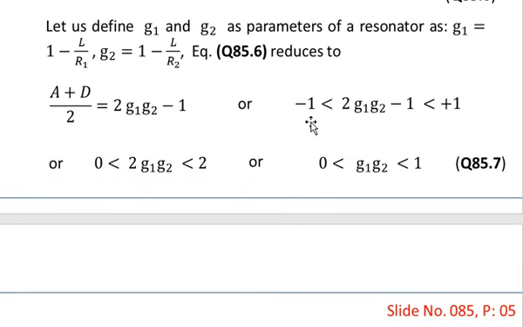Adding plus 1 throughout all the terms, we have 0 is less than 2G1G2 is less than 2. Then dividing all the terms by 2, you get 0 less than G1G2 less than 1. Finally we have reached this simplified condition, and this inequality has been labeled as equation number 7.